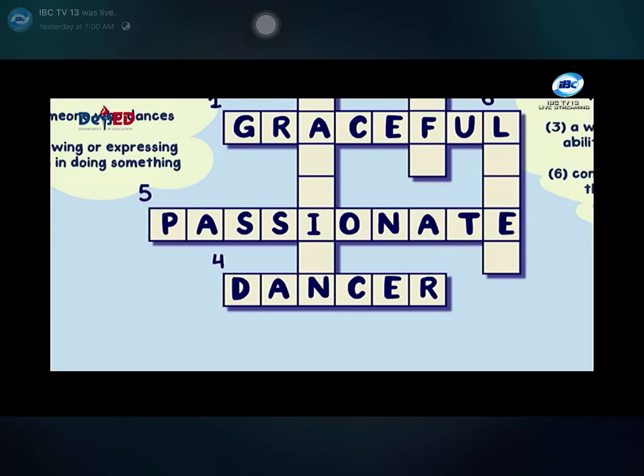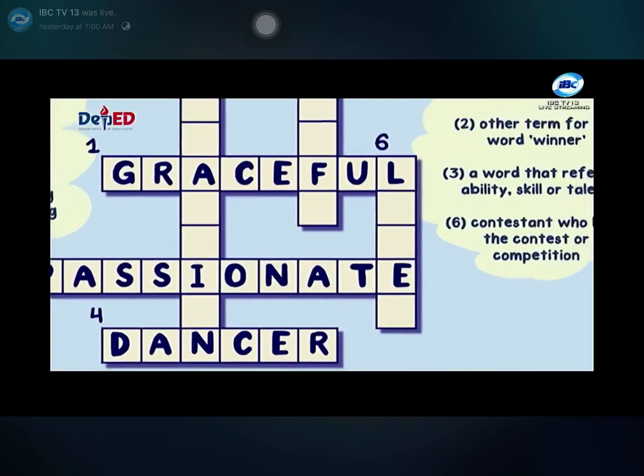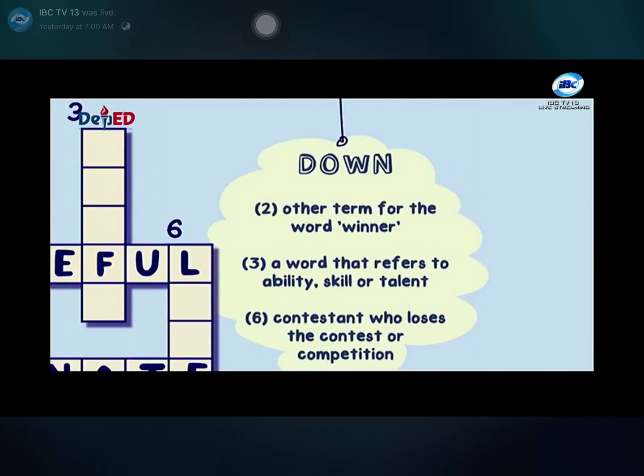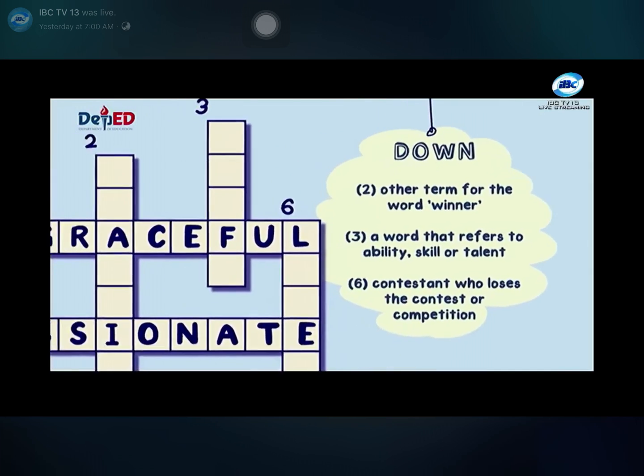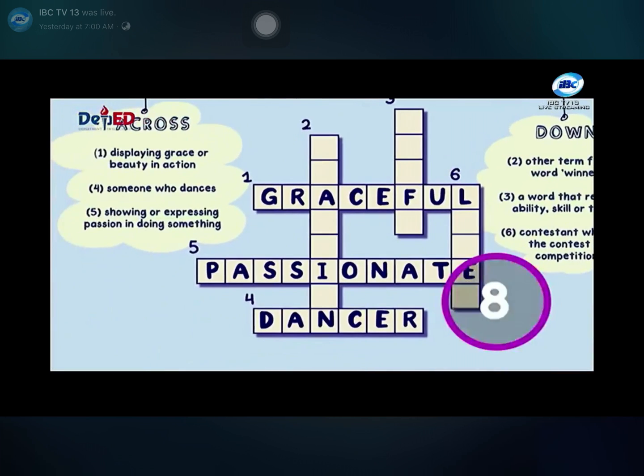And now, let's find out what the down words are. For number 2, the word that we are looking for is the other term for the word winner. Can you guess what the word is? Right, it is champion.